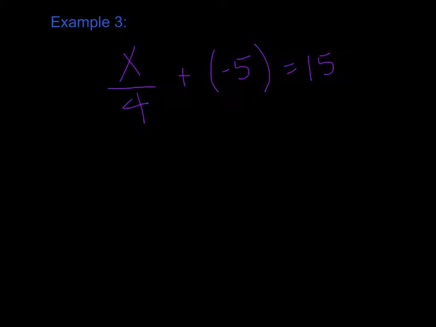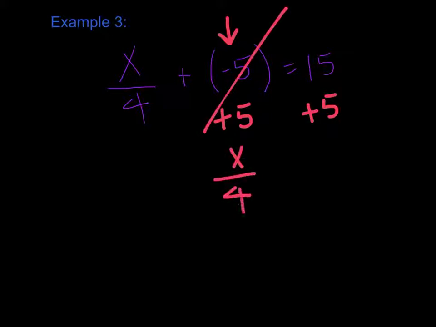In order to isolate the variable, we must first identify the constant. The constant in this two-step equation is kind of tricky because you're adding a negative number. So negative 5 is the constant, and because it's negative, the inverse operation would be to add 5 to get it to 0. So if I add 5 to both sides, I'm going to be left with x divided by 4 equals 20.